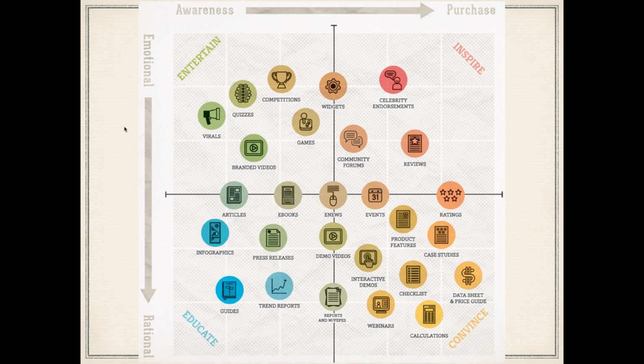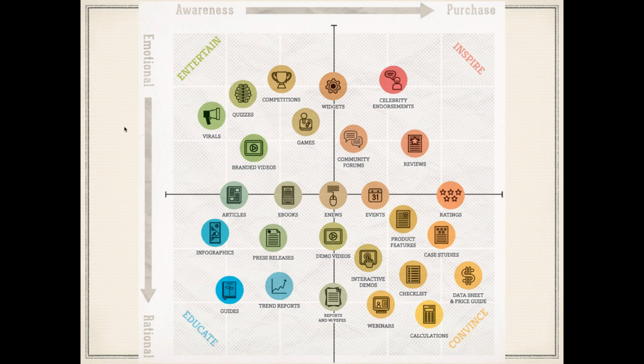Look at the awareness and the entertain box, top left. What that says is if you want to bring awareness to a customer and you want to tap into their emotion, then here are the things you can do to entertain them. Virals, quizzes, competition in some cases, games, branded videos.